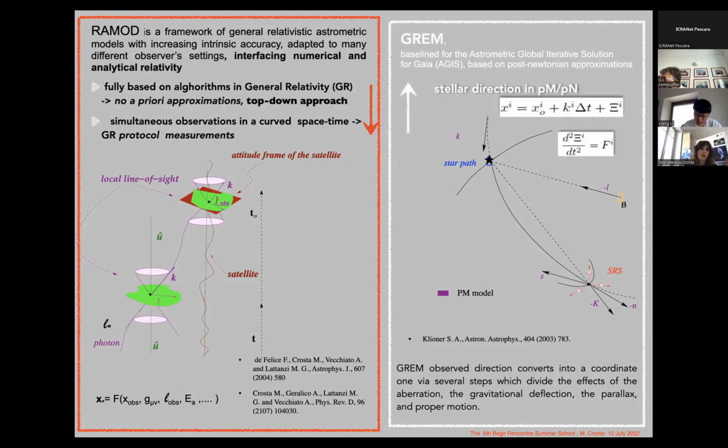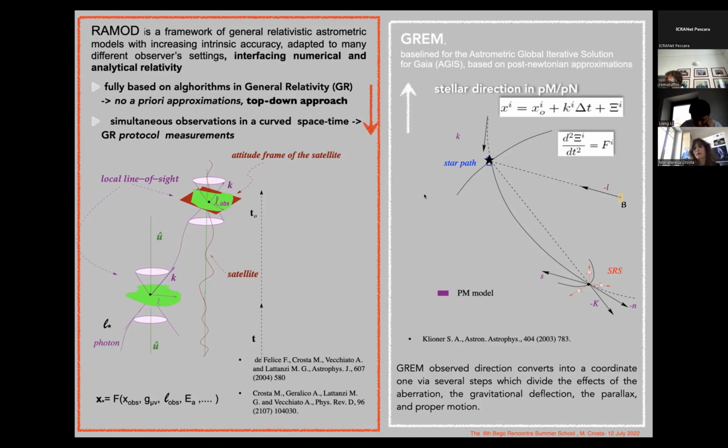So basically, RAMOD is a top-down approach, so it's based on GR protocol measurements, and it has no prior approximation, keeps everything quite general, and uses approximation only where it is needed. And it is a framework of relativistic astrometric models with increasing intrinsic accuracy, in order to have each model be a test bed for the next improved model.